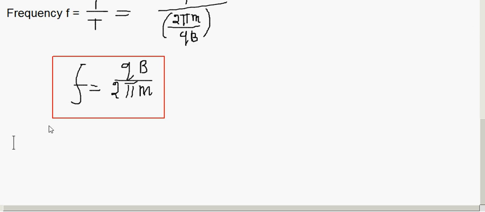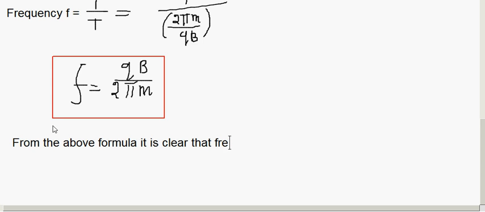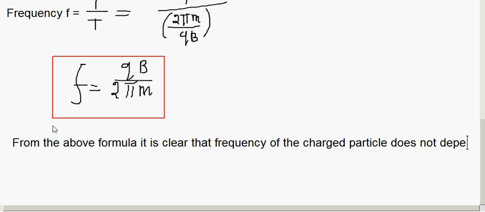From the above formula, it is clear that the frequency of the particle does not depend on the velocity of the charged particle.